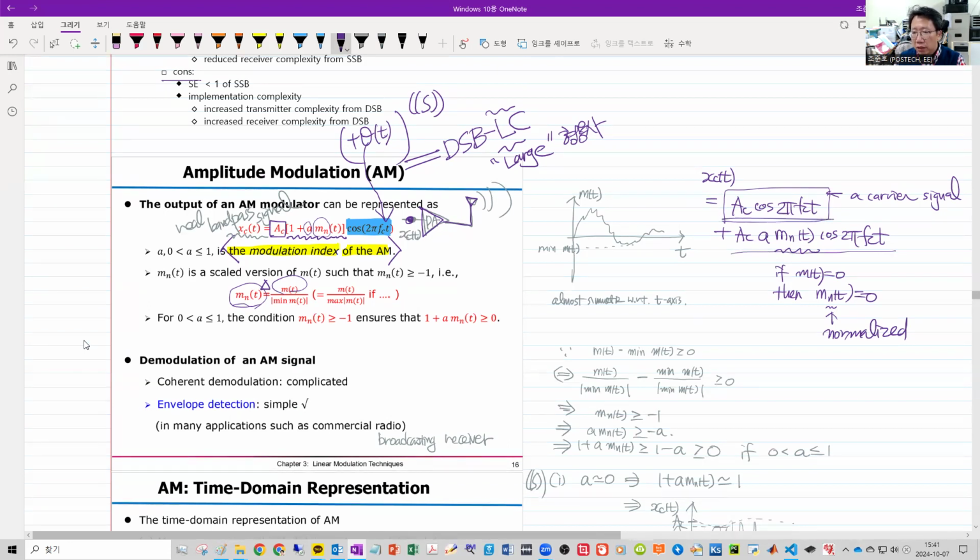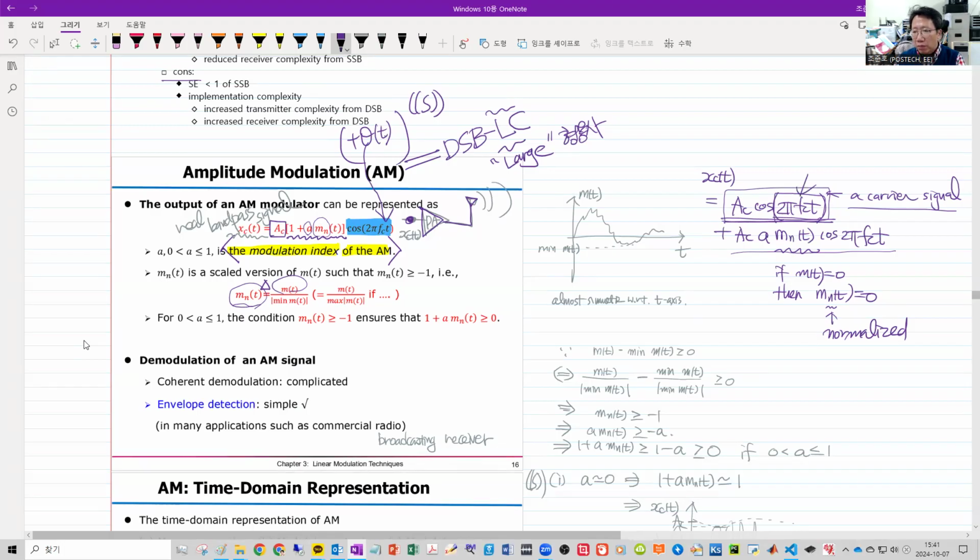In that sense, the signal applied to the power amplifier in the transmitter, or you may just view it as the transmitted signal to make everything simple, is just a carrier signal, a carrier without time varying amplitude or time varying phase deviation, precisely speaking, because we do not want to take this 2 pi f_c t as a time varying phase.